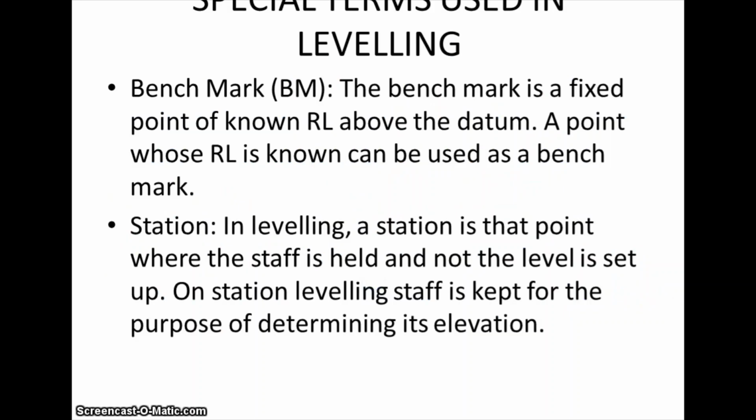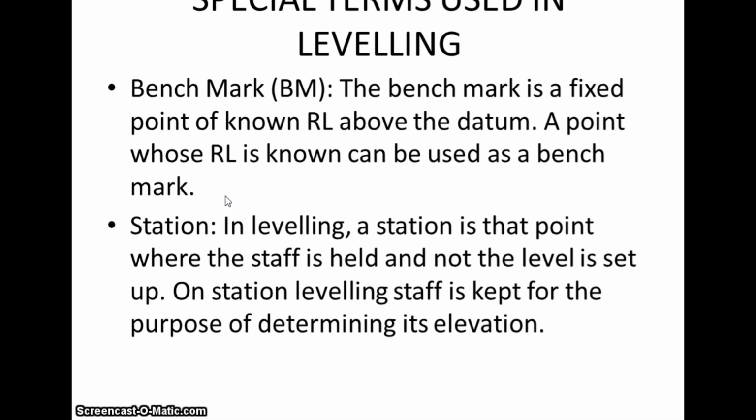Another definition is benchmark. Short form is BM. So what is a benchmark? The benchmark is a fixed point of known RL above the datum. A point whose RL is known can be used as a benchmark. So whenever we do this leveling operation, we always have to select one benchmark, and that is always a permanent benchmark, meaning whose RL is known to us.